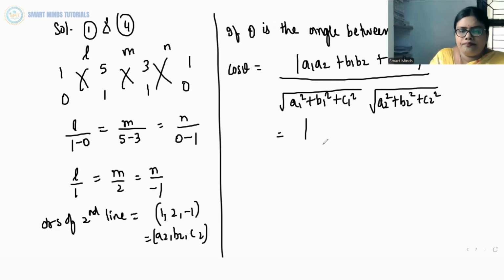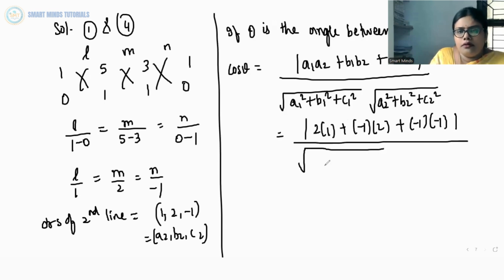That is mod 2 into 1 plus minus 1 into 2 plus minus 1 into minus 1, by root over 2 square plus minus 1 square plus minus 1 square, then under root 1 square plus 2 square plus minus 1 square.